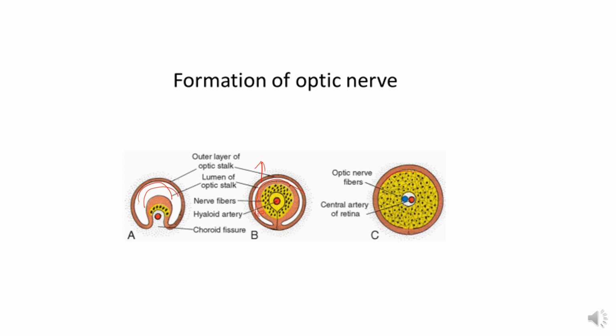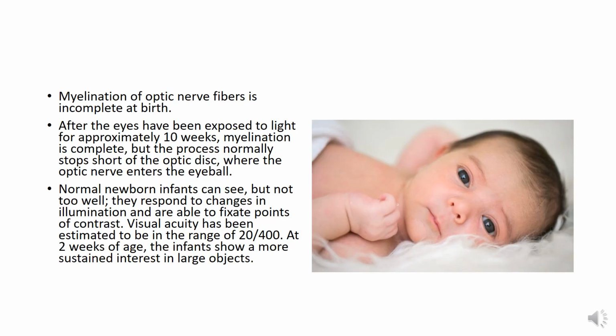The nerve fibers from the ganglion cells emerge and fill in the space between the choroid fissure, and then ultimately this choroid fissure closes, enclosing the nerve fibers and the hyaloid artery, which later in life forms the central artery of retina. The hyaloid artery degenerates distally, but its proximal part is retained and forms the central artery of the retina.